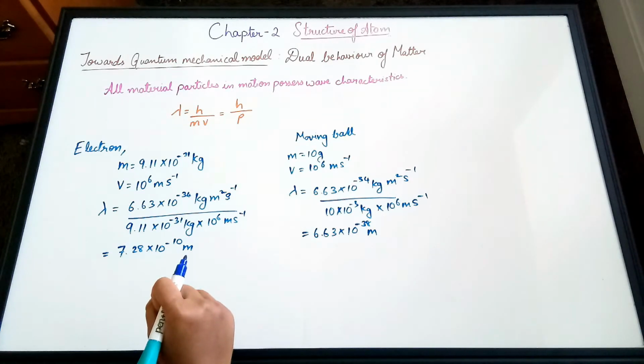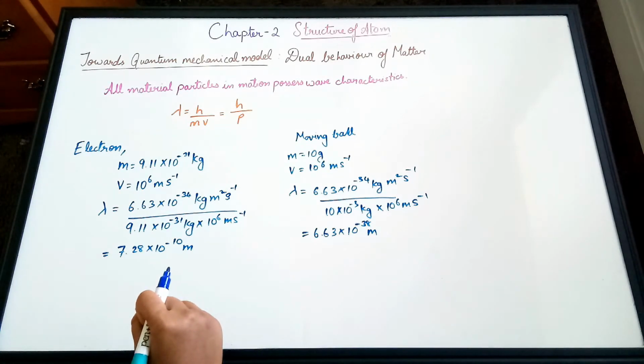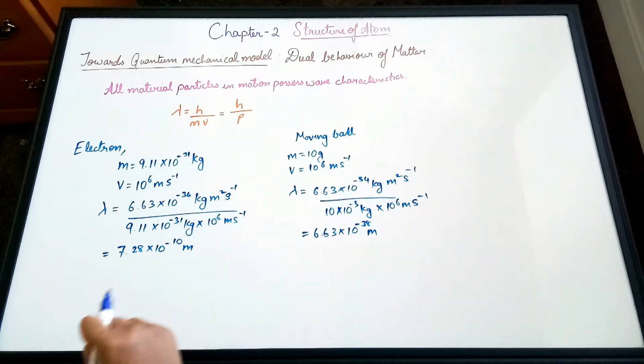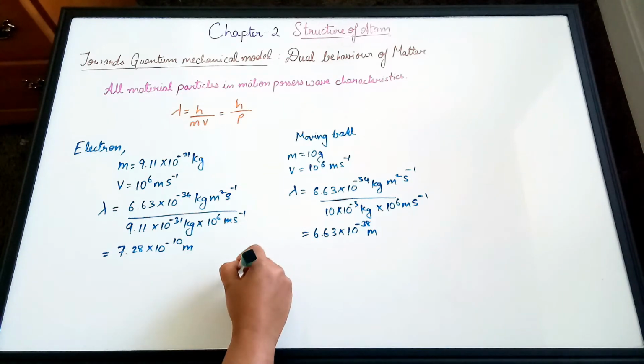Wave nature was experimentally verified by Davisson and Germer in the year 1927 and George Thomson in the year 1928. Electrons show various properties that are similar to that of waves as well. They undergo diffraction. Diffraction basically happens when a beam of light is passed through a small narrow aperture and it spreads out.